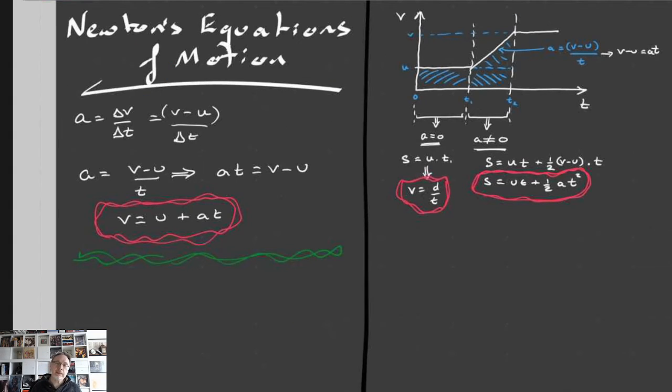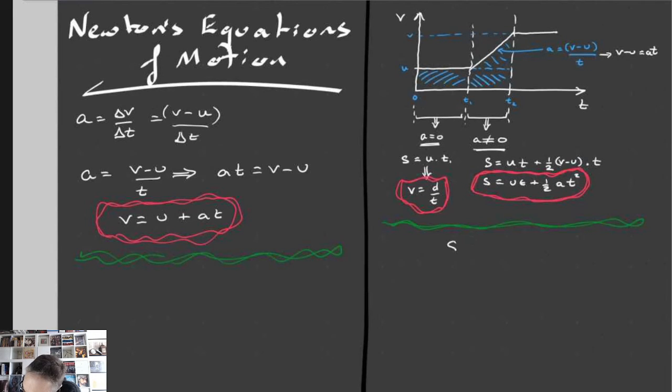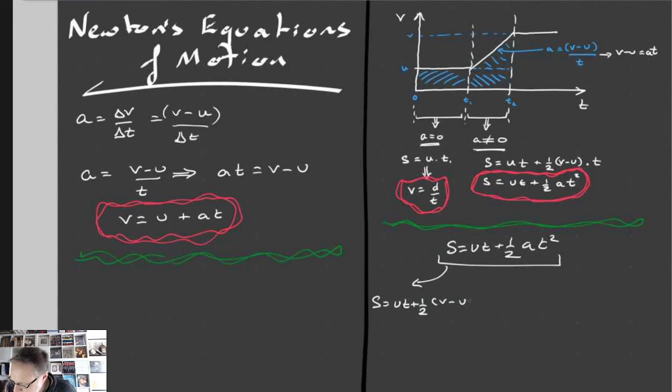They're just called the equations of motion. Now, I'd like to take that second equation of motion and play with it. So let's take s is ut plus half at squared. And first of all, let's get rid of a and put back v minus u over t. So we'll take this equation and we'll say s is ut plus half, and instead of a, v minus u over t times by t squared.